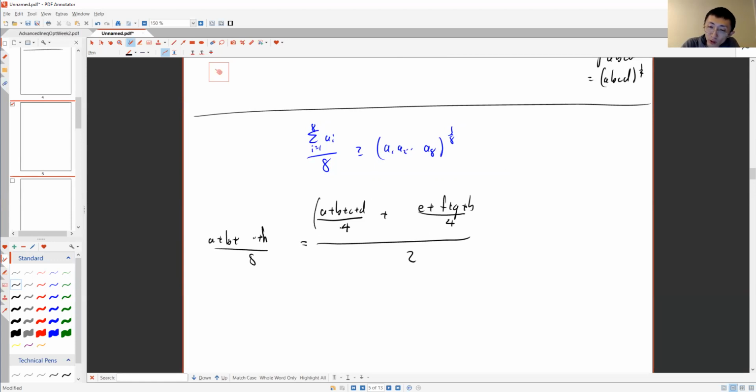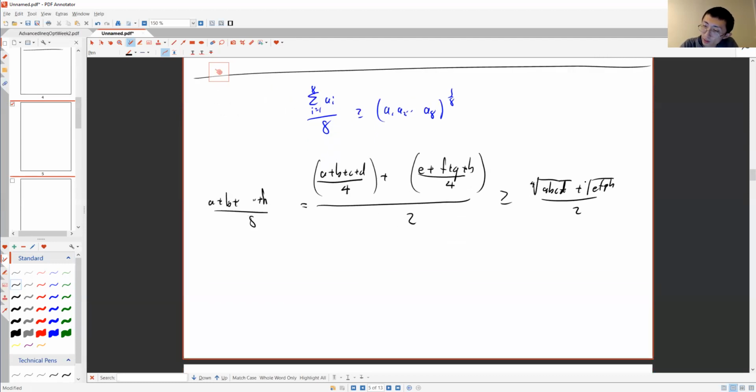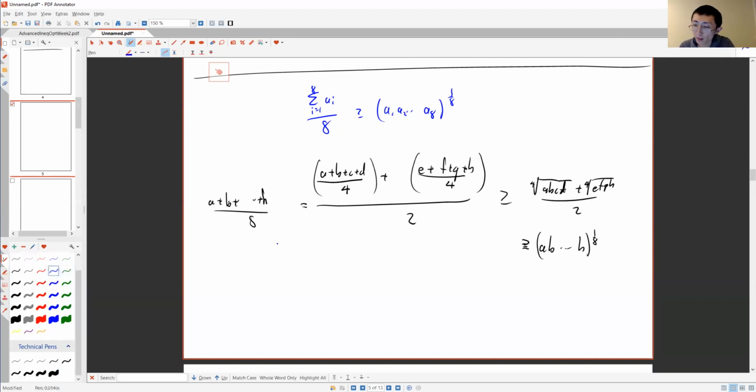And if we use 4 variable AM-GM twice on the 2 things I just put in parentheses, then it will be bigger than or equal to this plus this over this. And then we just use the 2 variable case again. So that's bigger than or equal to ABCD to the 1/8. So we can use the 4 variable case and the 2 variable case repeatedly.